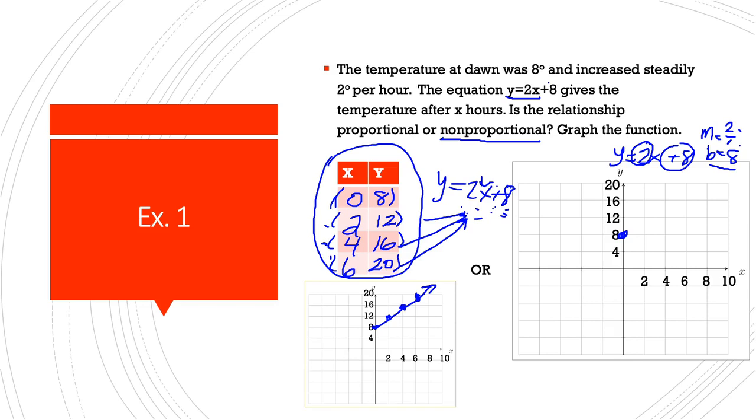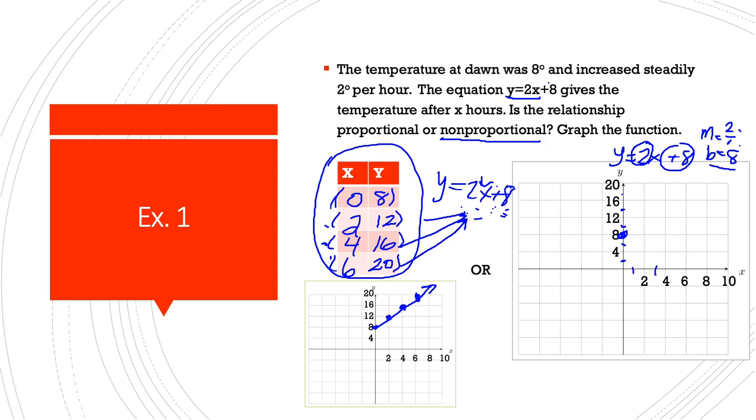Okay, so I have to pay attention to how my axes are labeled. My y-axis is going up by 4s. Okay, so half of every square is going up by 2. Okay, and then I have to also pay attention that my x-axis is also going up by 2.